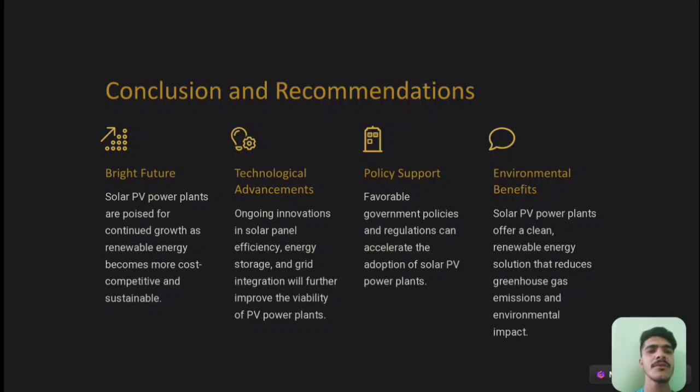Policy support: favorable government policies and regulations can accelerate the adoption of solar PV power plants. Last, environmental benefits: solar PV power plants offer a clean, renewable energy solution, reducing greenhouse gas emissions and environmental impact.